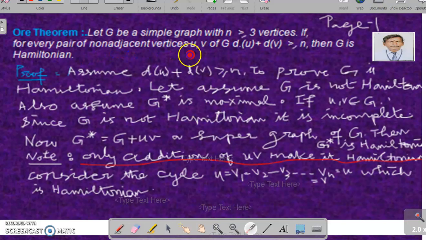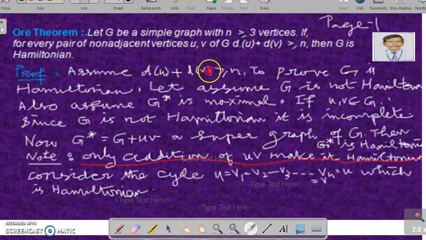That is, if u and v are any non-adjacent vertices in a simple graph G, and if the degree of u plus the degree of v is greater than or equal to n, and n is greater than or equal to 3, then G must be Hamiltonian. We know what is Hamiltonian: a Hamiltonian cycle passes through all the vertices only once, and the initial and final vertices are equal.